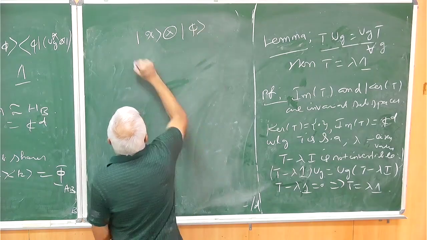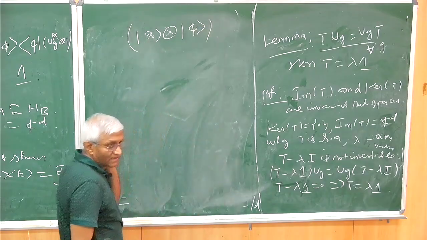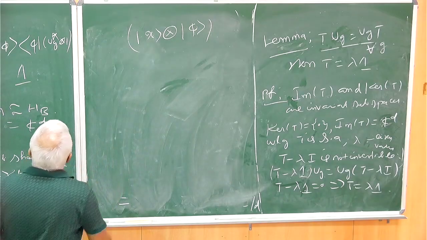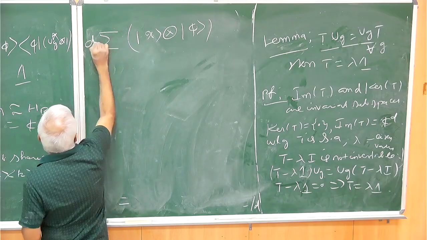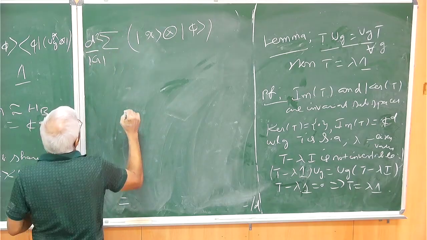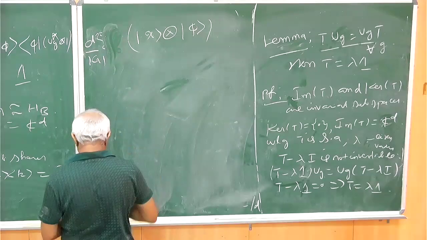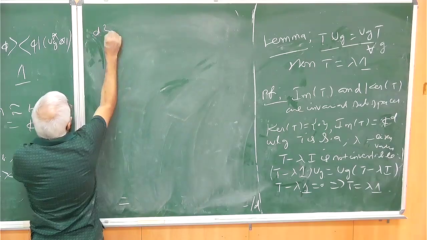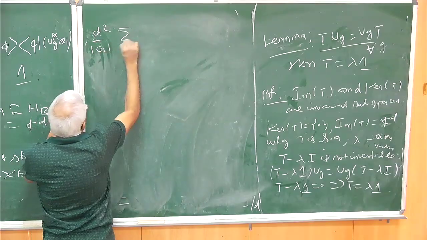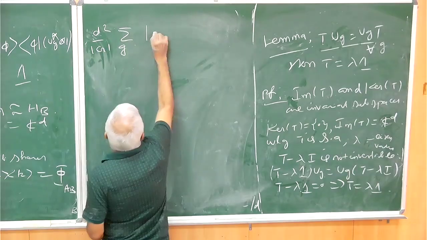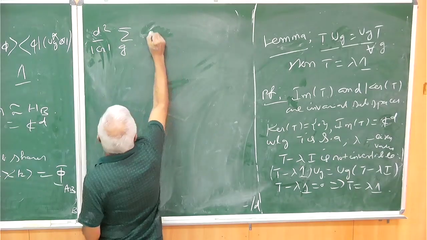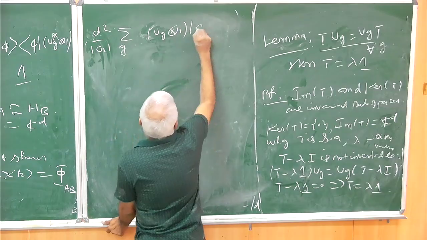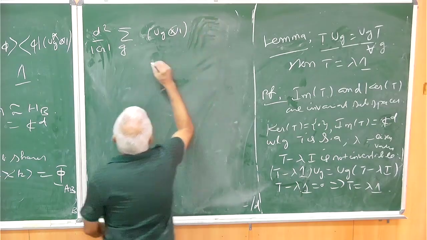They make a measurement with respect to this POVM, using this G. So what we will get is the summation of D square by mod G over G, chi, UG tensor 1, P.